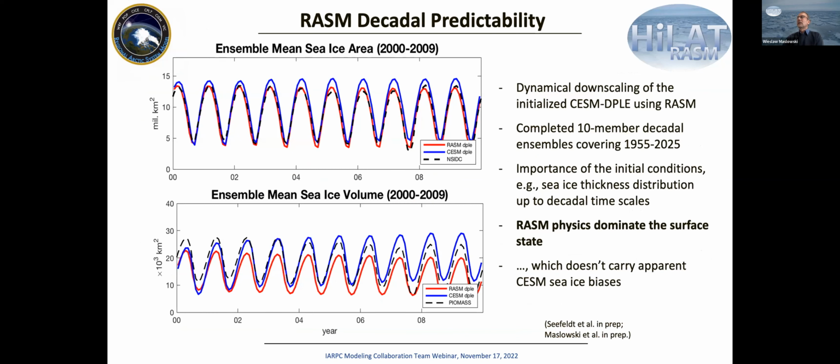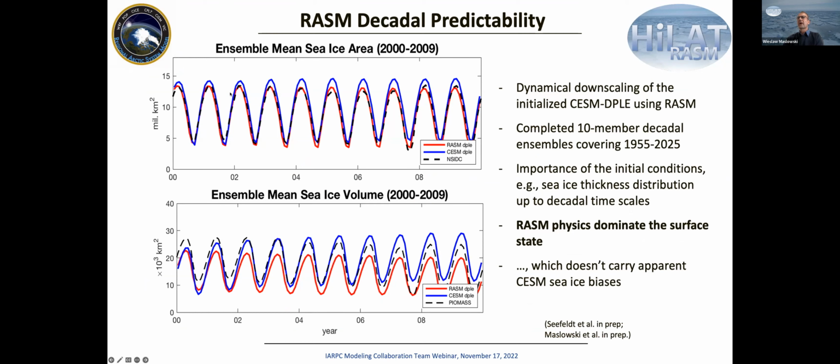So the other thing we did recently, as part of the Highlight RASM project as a matter of fact, is that we used the CSM Decadal Predictability large ensemble, initialized to force the RASM in terms of the dynamical downscaling.